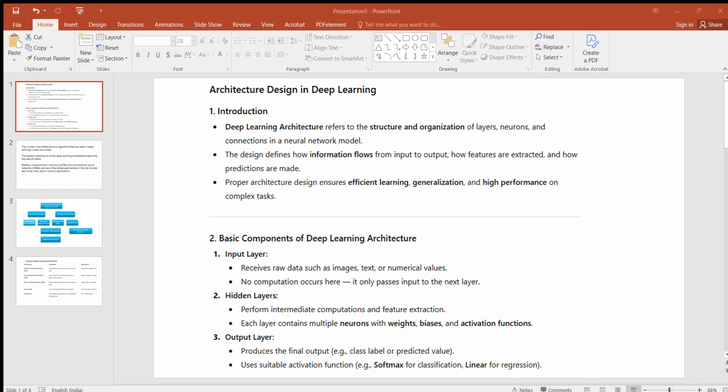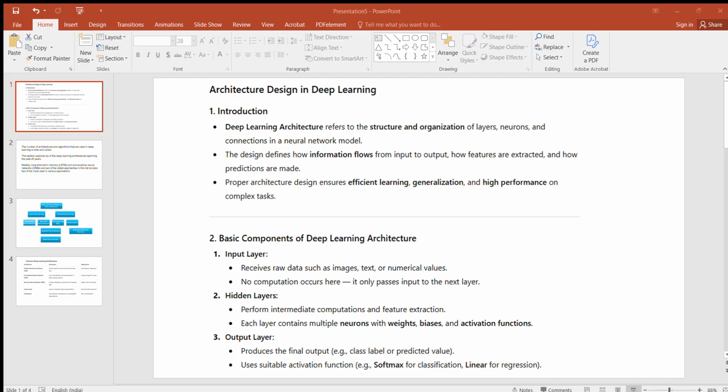Second point, the design defines how information flows from input to output. Which means in what way the information will be flowing from input to output. It is very important. How many features do we have, and corresponding to that, how are they extracted and how are predictions made? These are the things done in the hidden layers.